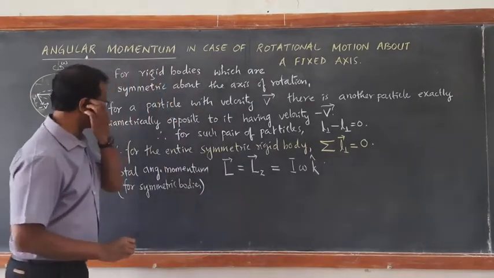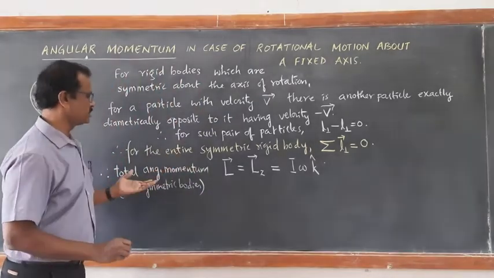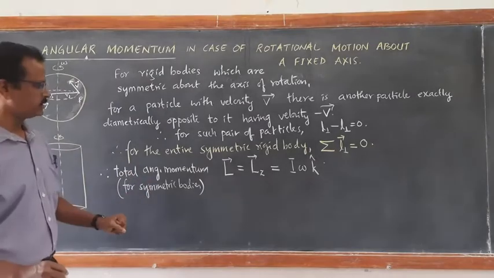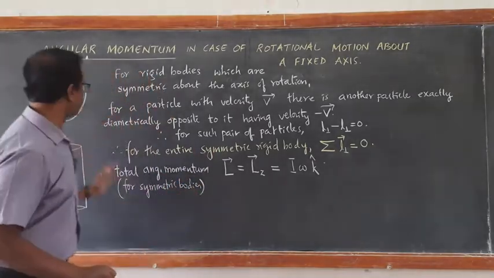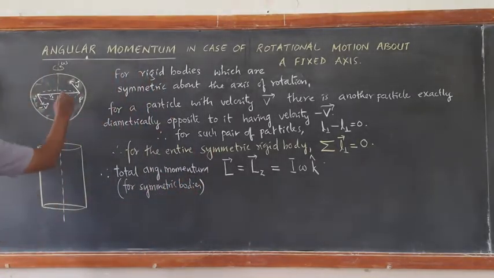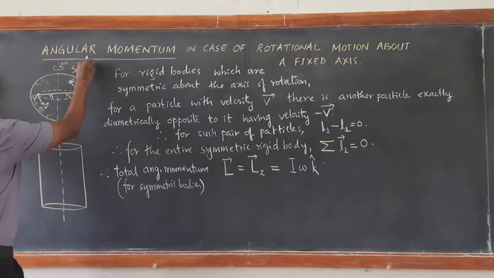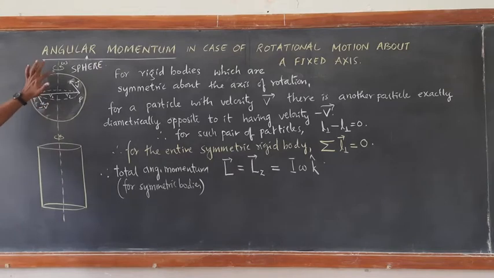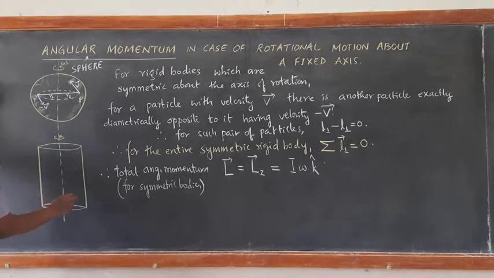So for such symmetric rigid bodies which are symmetric about the axis of rotation, the angular momentum lies along the axis of rotation. The example I have drawn here, sphere, is one example, having its axis of rotation passing through its center diametrically. And this is a cylinder.